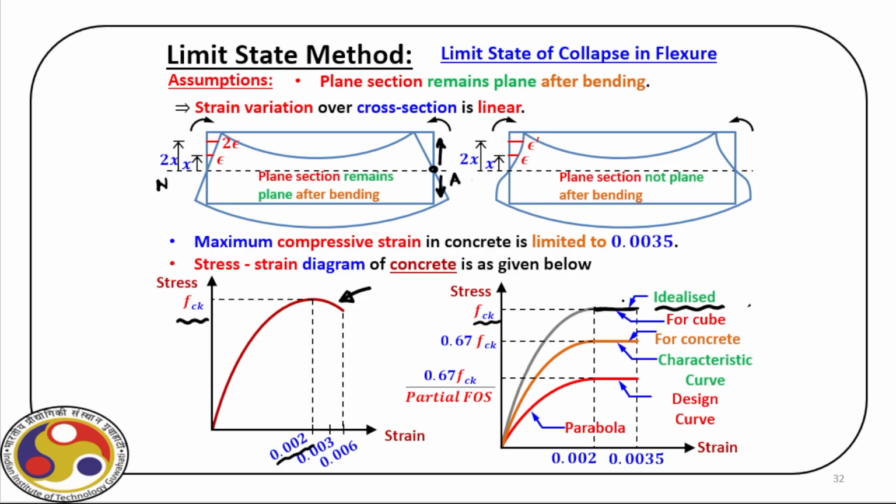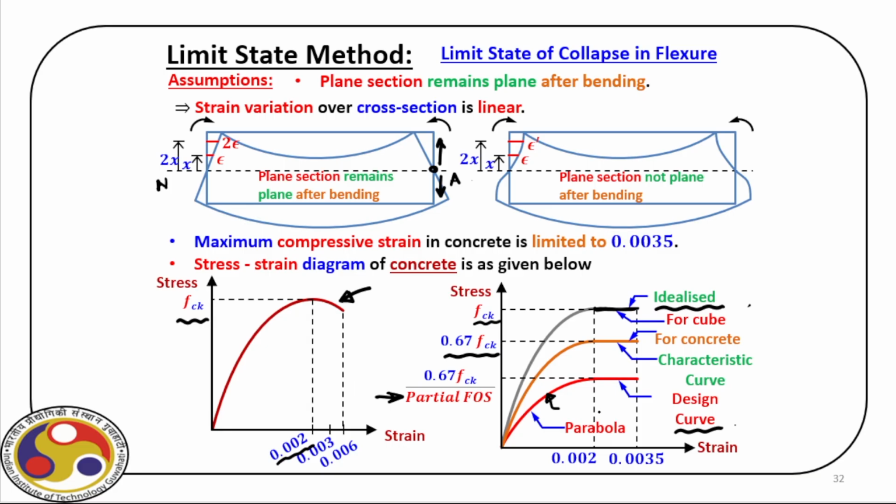Then what we do is first reduce it by this factor, because from the cube we have to go to the actual structure, and the factor is 0.67, if you recall. Then we apply the partial safety factor, and what we get is basically the design curve. This is the curve we will use in our design when we consider the moment of resistance of a particular section in the limit state method.